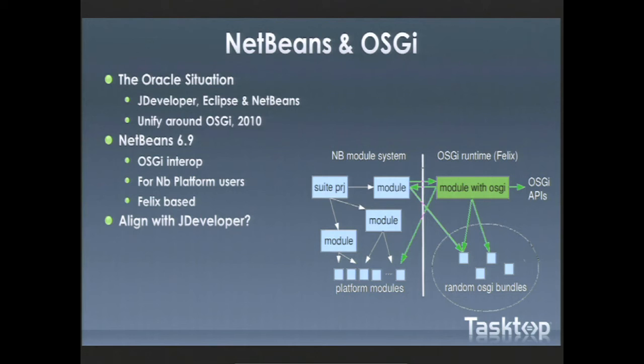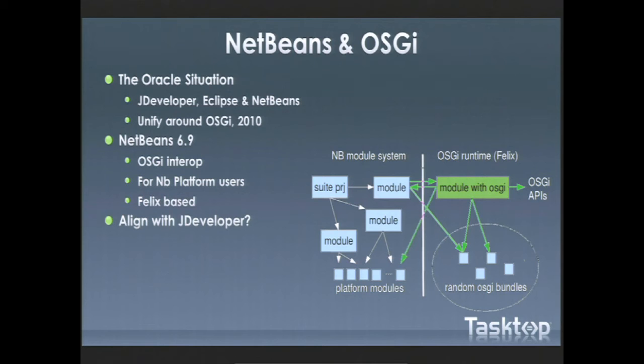But even a profitable company like Oracle cannot probably sponsor 3 projects doing the same thing for an unlimited amount of time. So I got an idea that basically we probably cannot convince JDeveloper to be rewritten on top of the NetBeans platform.